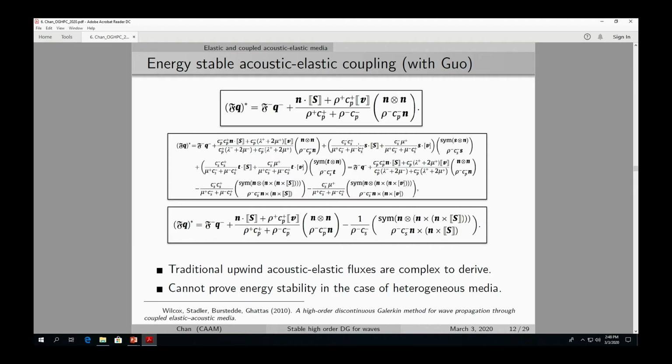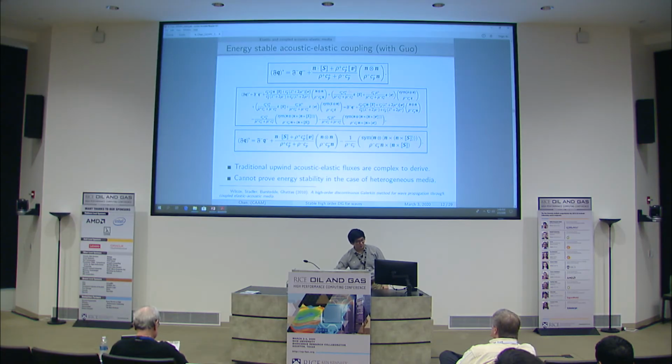If you're familiar with the DG literature, these are sort of the gold standard fluxes that you always want to try to use. And this is for isotropic media. For anisotropic media, there's actually no explicit formula, and it gets even more messy. But deriving these fluxes is a fairly opaque process. And moreover, if I try and use these fluxes, it turns out I can't even show that things are energy stable in the case of smoothly varying heterogeneous media.